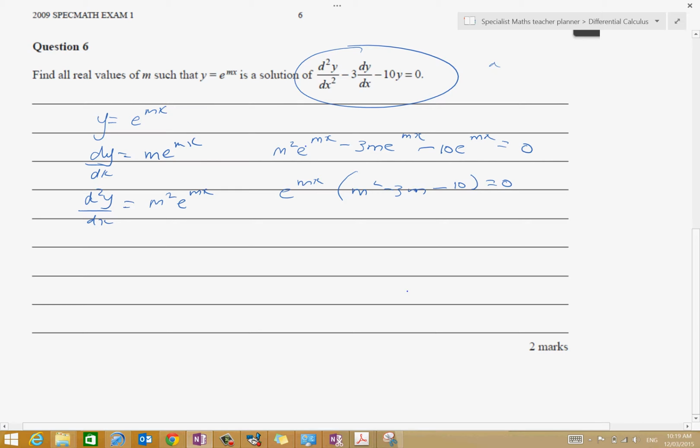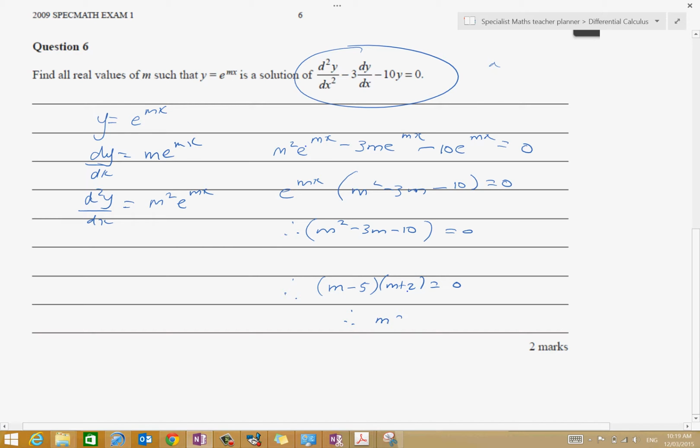I'm going to divide both sides by e to the mx. So therefore m squared minus 3m minus 10 is equal to 0. Can I use the quadratic rule, or can I factorise? I can factorise: m minus 5, m plus 2 is equal to 0.